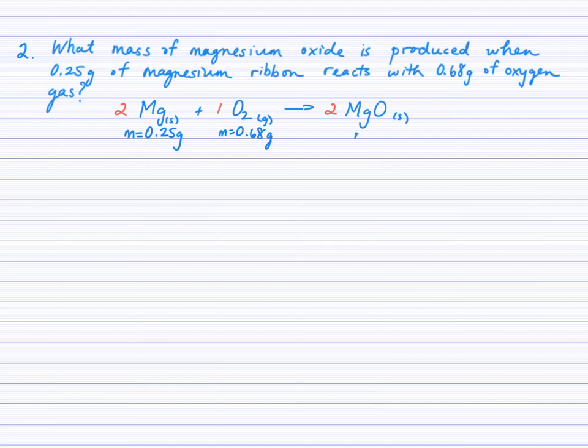So ultimately, I'm looking for the mass of the product of magnesium oxide. So we're going to approach this the same way we did number 1. The only difference is that we've been given masses of both reactants.